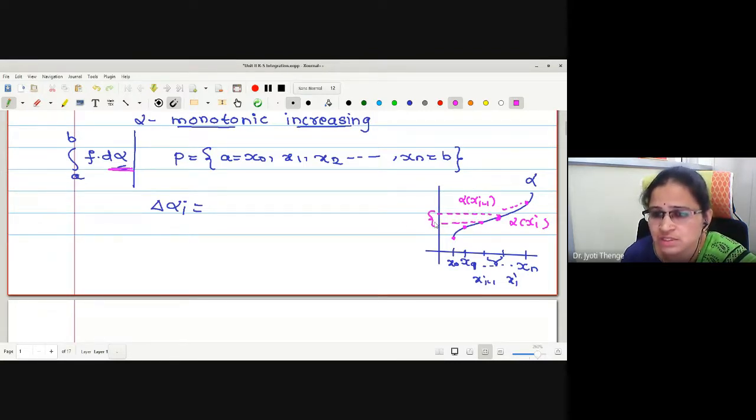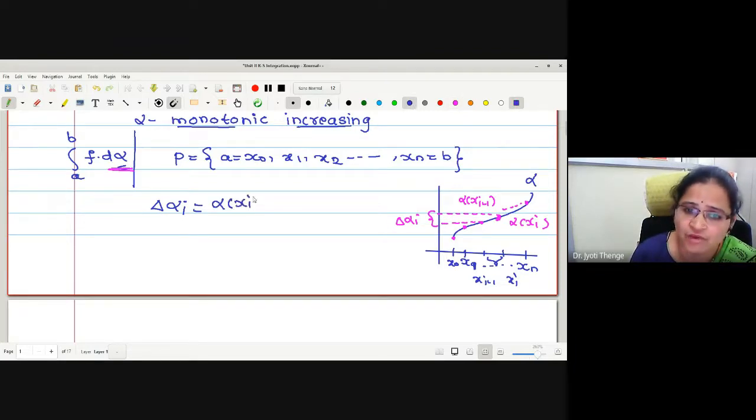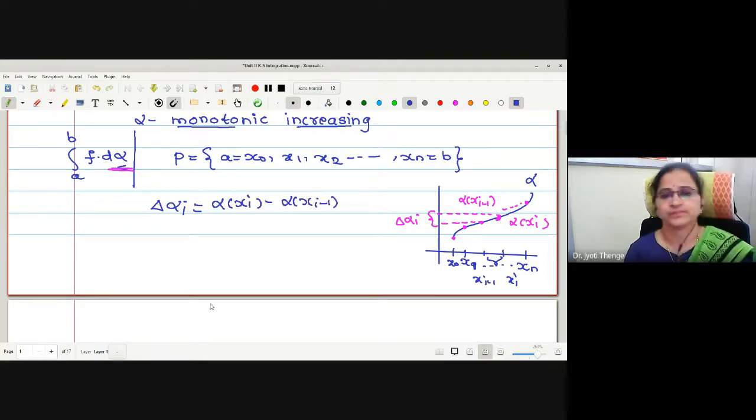This is the change in the alpha function over the ith subinterval. Therefore, delta alpha i is defined as alpha x i minus alpha x i minus 1. Is that okay?